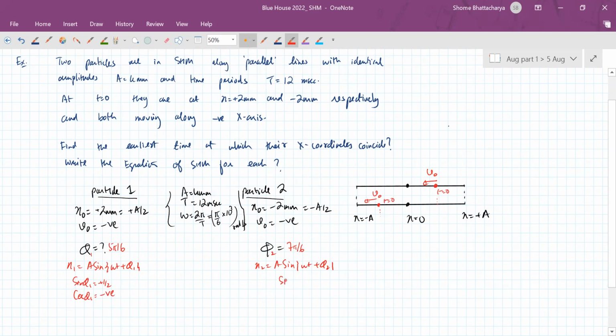And here sine phi 2 is minus half, cos phi 2 is also negative.